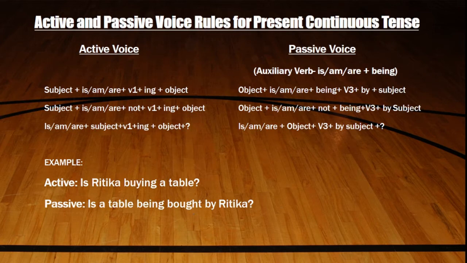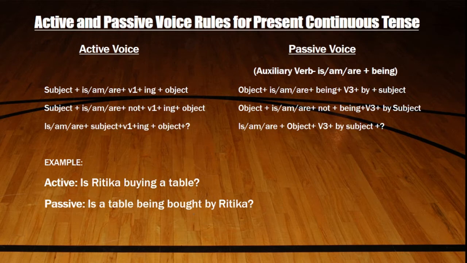Now, in the case of active voice, what happens? You have is, am, are plus subject with the first form of the verb and ing with it, and the object.